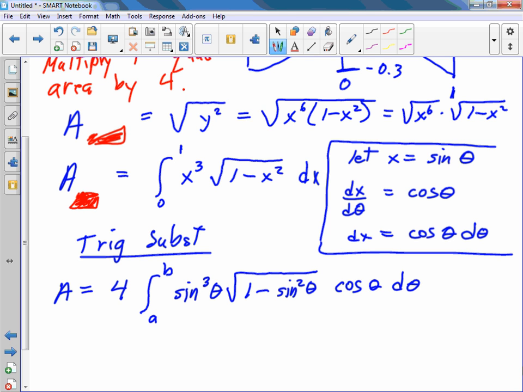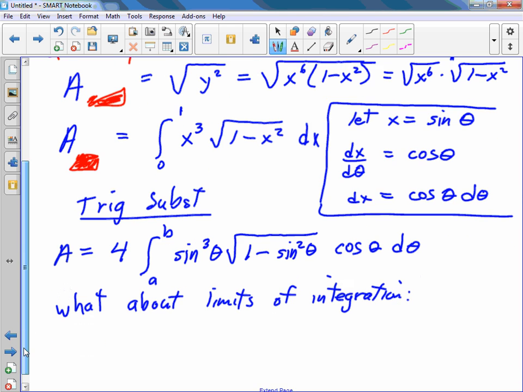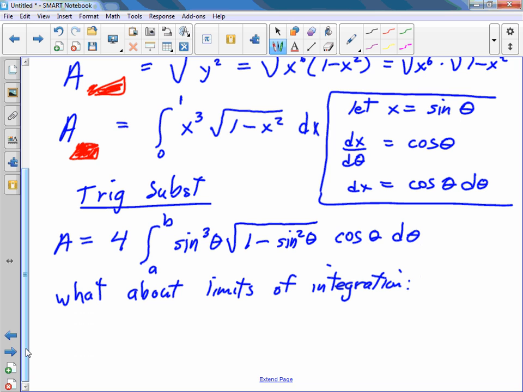Okay, now, we've got some issues here, folks. What about limits of integration? When you do a substitution like this, we've got to look at these.